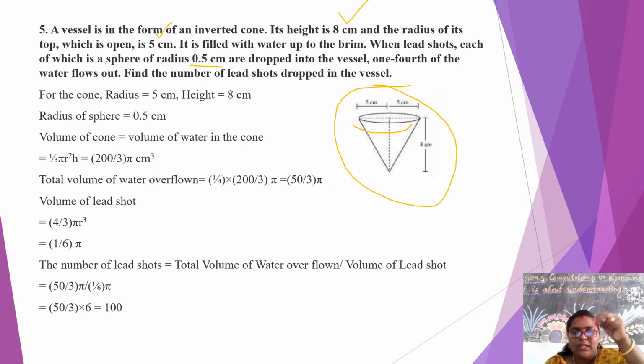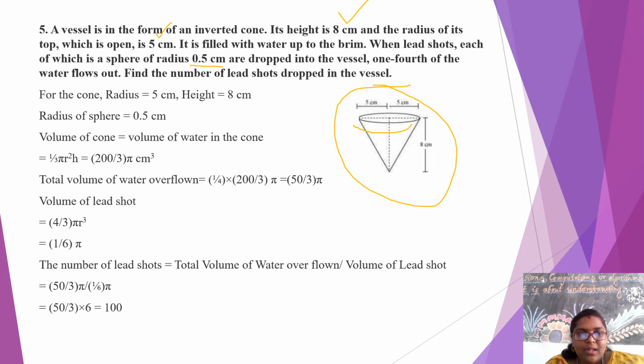While you are dropping the stones, the glass is full of water, obviously it will flow out. While you are dropping the lead shots, the stones, 1/4 of the water is coming out. So they are asking how many lead shots you dropped into the vessel. This is the concept of the question.